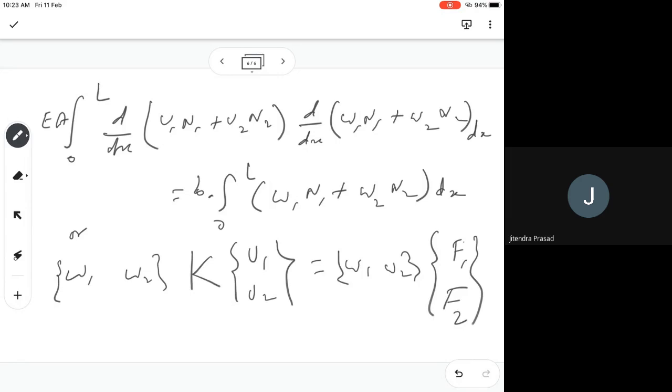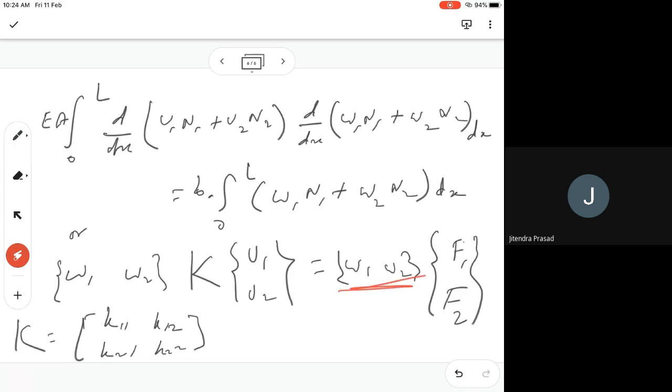Of course, this we know already, where K we can write like this, where K is equal to K11, K12, K21, K22. We will find out what the value is. And we have F1. See here, this is our W1, W2. So we can find out what exactly that is. This we have simplified earlier also.